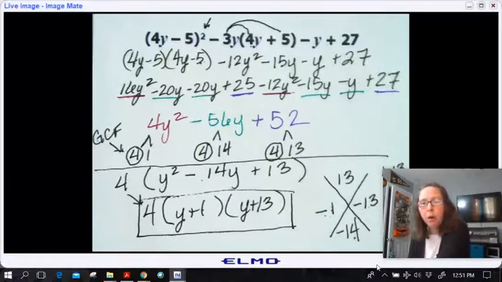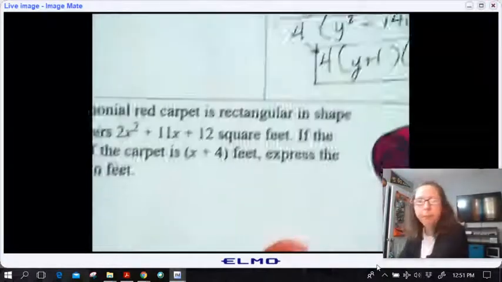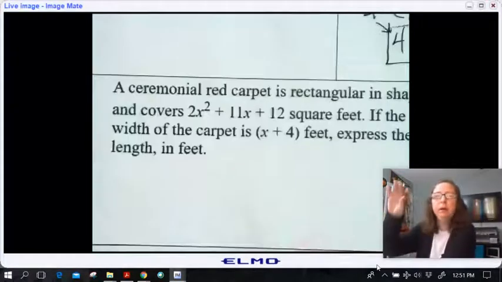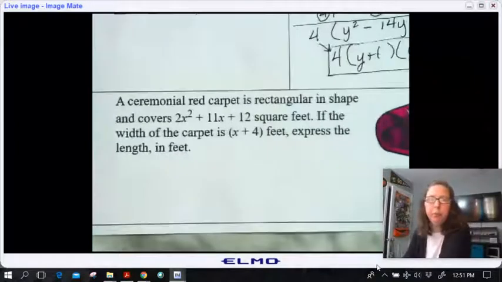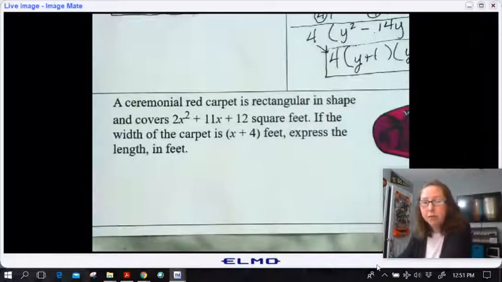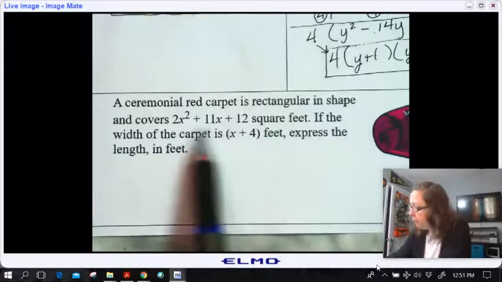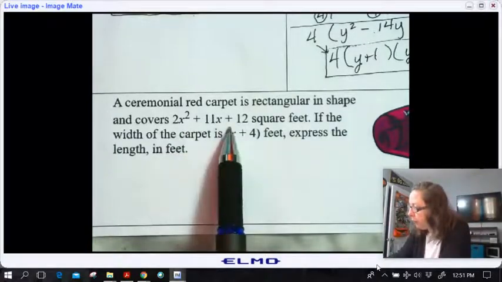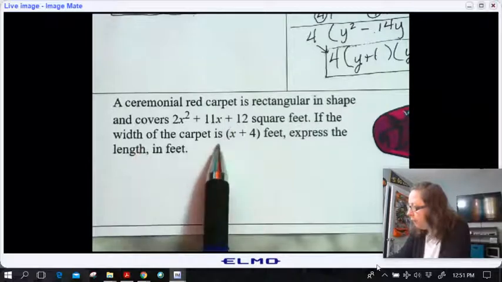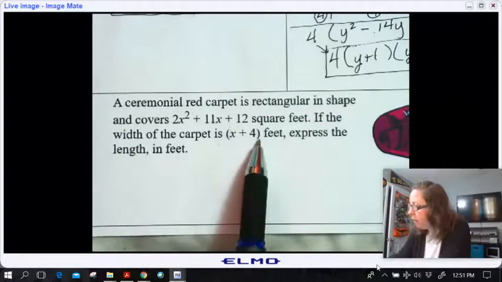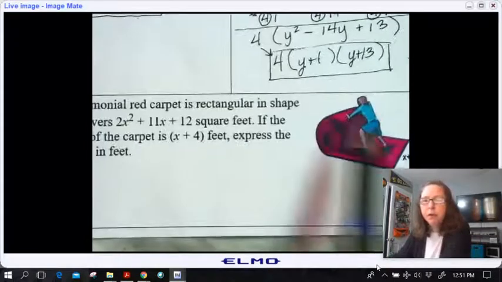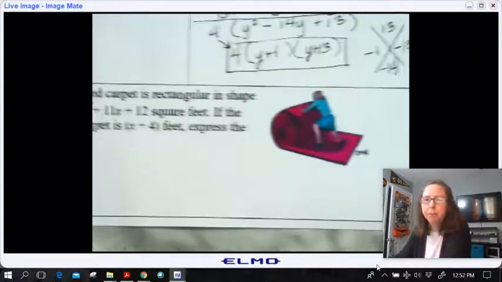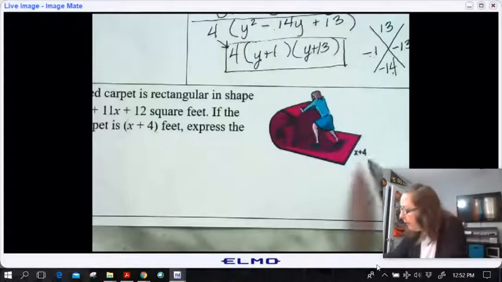Let's just look at one word problem example. A ceremonial red carpet is rectangular in shape, and it covers this amount of square feet. If the width of the carpet is x plus 4, express the length in feet. So they're giving me this carpet, and it is x plus 4 wide.